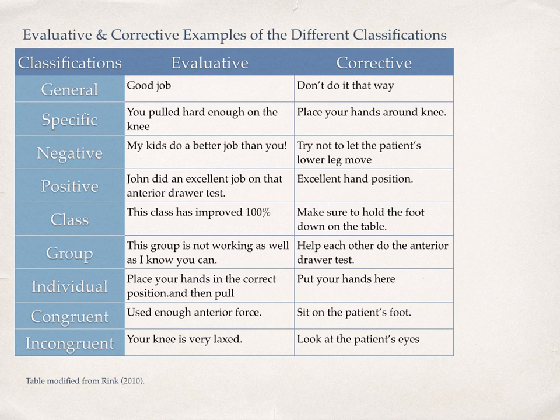What I don't go into in this particular lecture is that there are appropriate types of feedback to give at different levels of learning. So if you're a novice versus an expert, just generally speaking, for the novice learner, learning skills, learning how to tape, general corrective feedback is probably the better way.